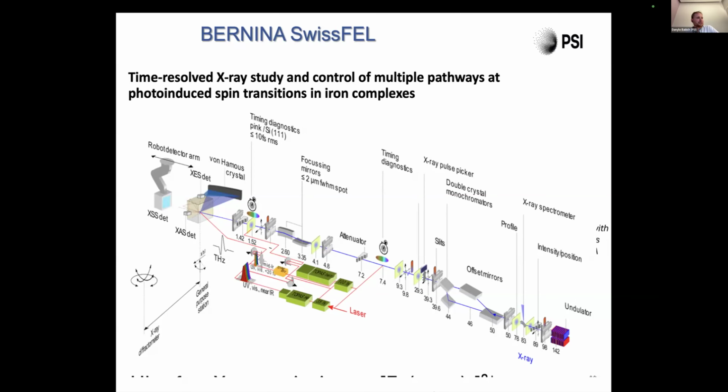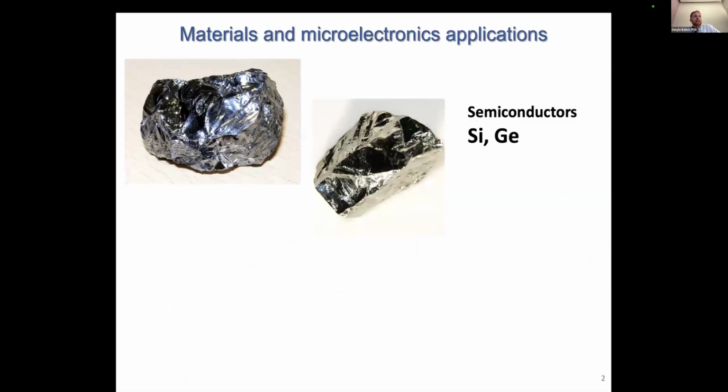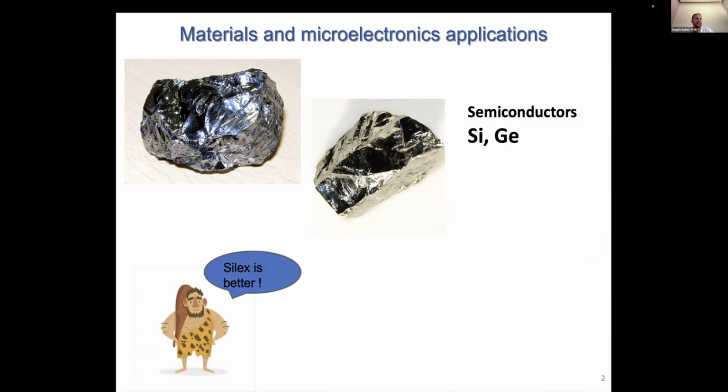But let's start from something which humanity has experienced since 100,000 years ago, and that is materials. If you ask a guy from the Middle Ages, he says that silex is better than silicon.